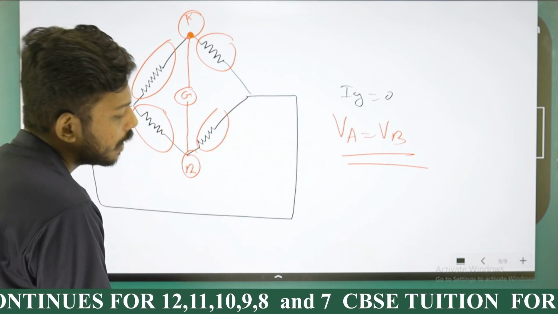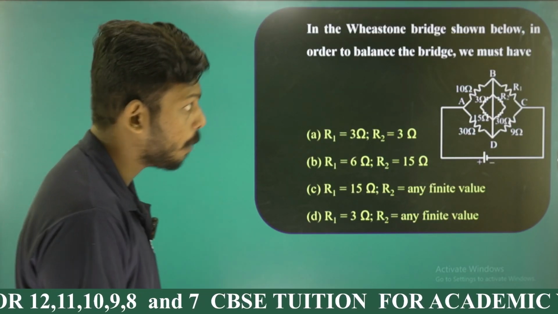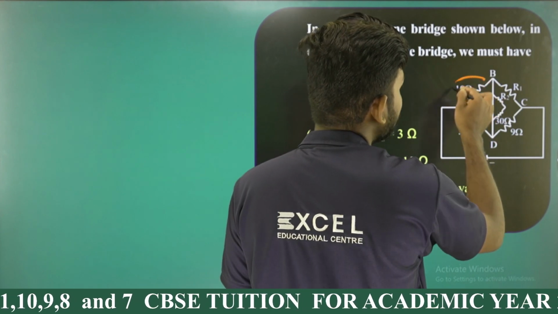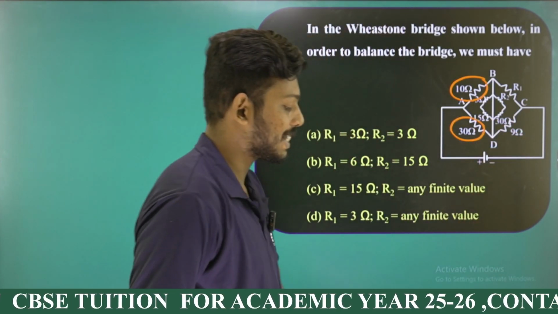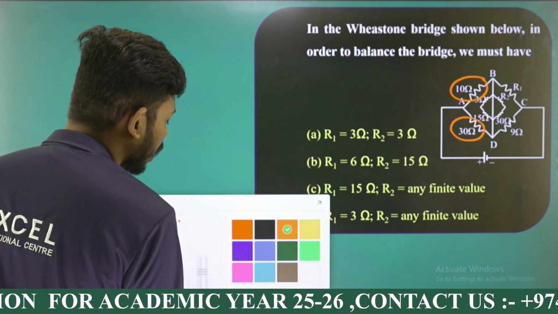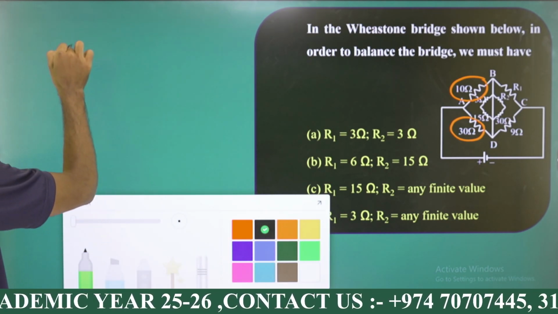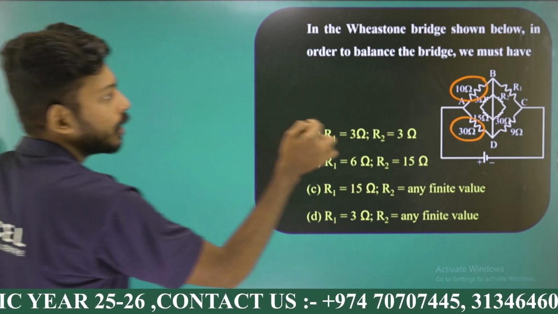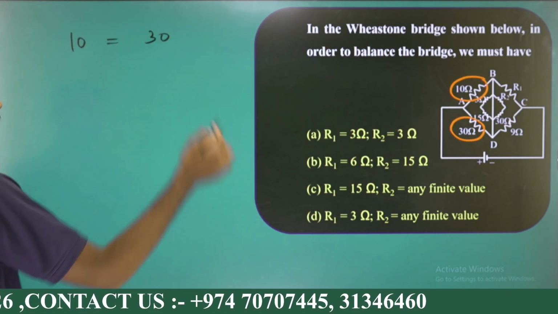So we end up with a mathematical expression. We apply exactly the same value here. This potential and this potential should be exactly the same. I am writing the upper volt and the lower volt, the 10 and 30, should be exactly the same.